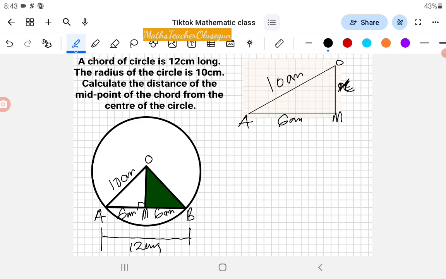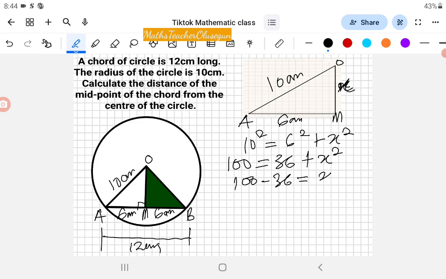By Pythagoras theorem, the hypotenuse squared, which is 10 squared, is equal to 6 squared plus X squared. So 100 is equal to 36 plus X squared, which is 100 minus 36 equals X squared. So we have 64 equal to X squared.